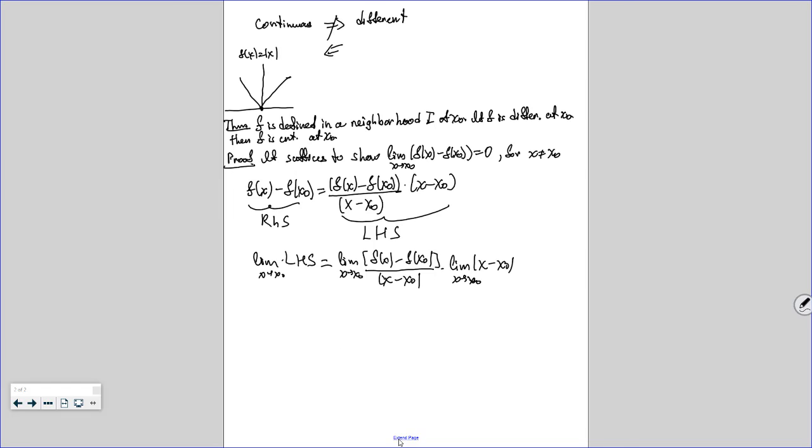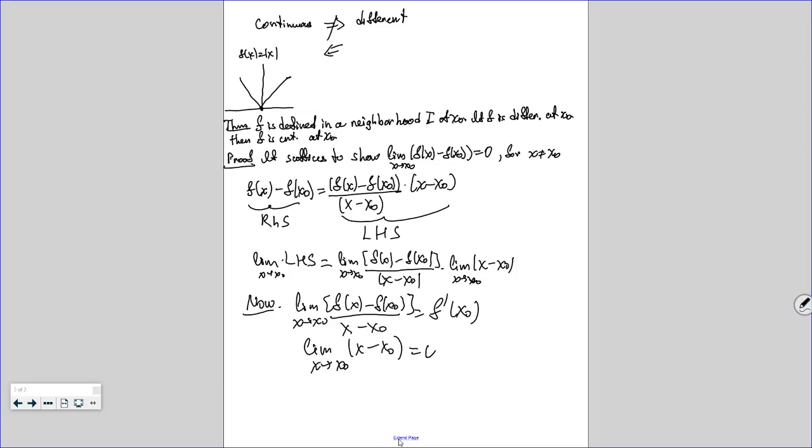Then we know that the limit of (f(x) minus f(x0)) over (x minus x0) is by definition just the derivative of f at point x0, and x minus x0 is 0 when x goes to x0.